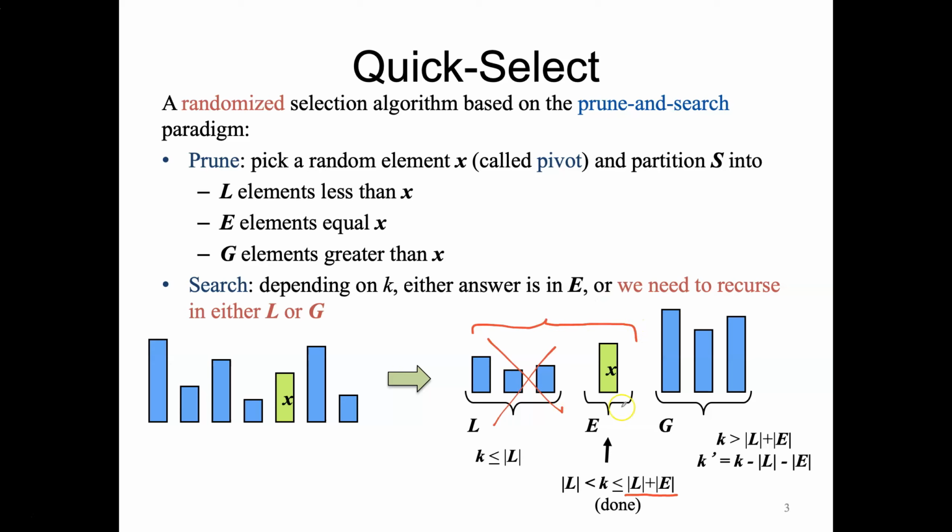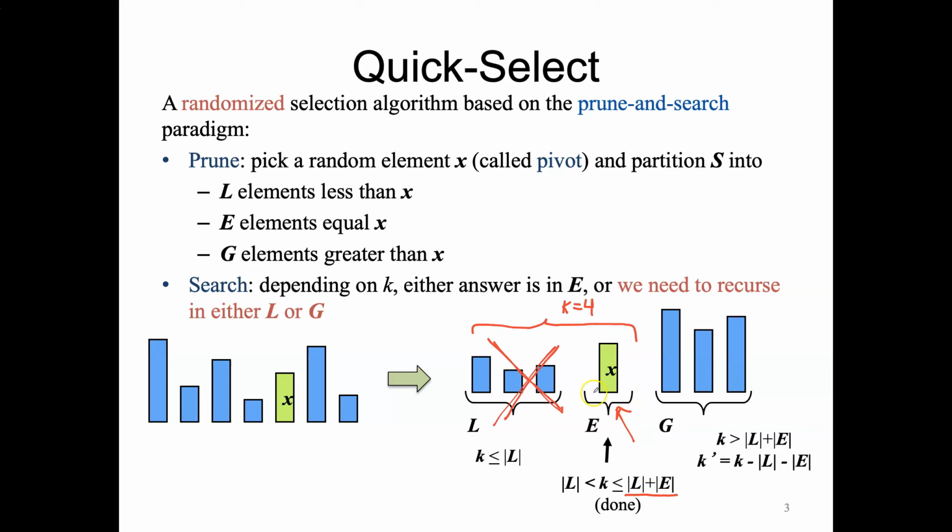Let's say, for example, we're looking for the 4th smallest item, and we've got 3 items in L, 1 item in E, and 3 items in G. So if K is equal to 4, we can exclude that the 4th smallest item is in the first 3 smallest items, but we know we have 4 items total between L and E, so that means our 4th smallest item will be somewhere in here.